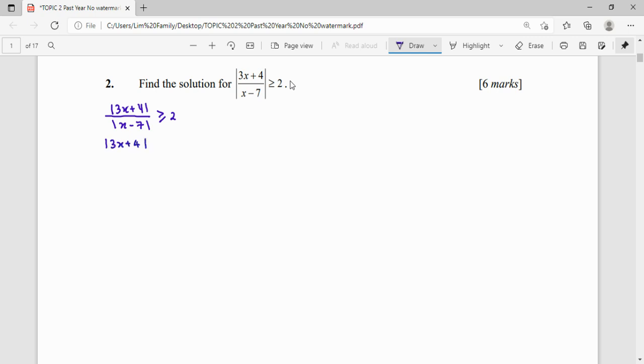Safely we can multiply it to the right hand side, as the right hand side has a value of 2 times the modulus of x minus 7. Once we move the denominator part to the right hand side, remember to write this: the denominator part cannot take the value equals to 0, so we cannot take the value of 7.